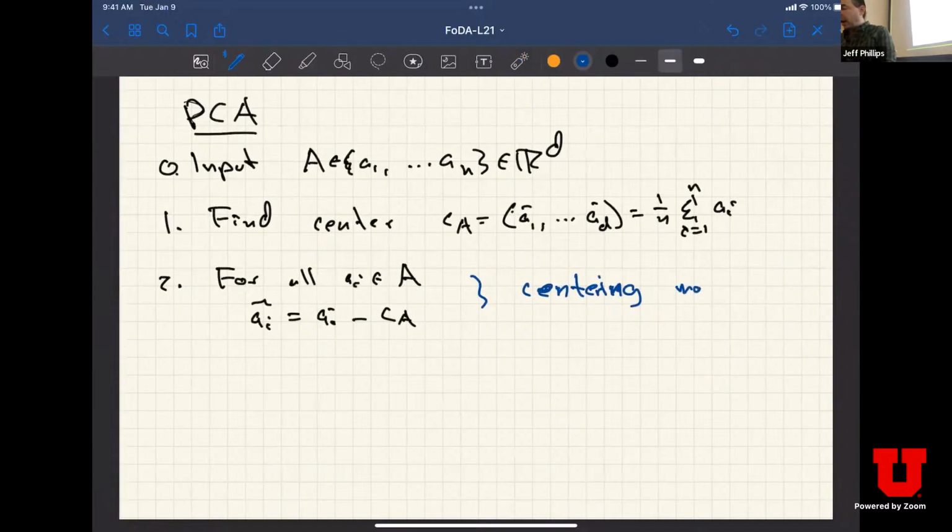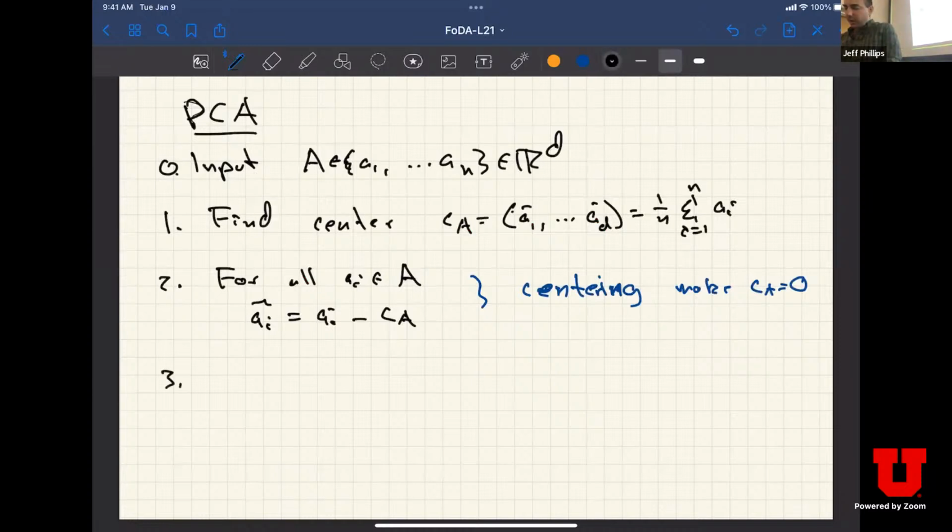I'm going to move C of A to the origin. So after I do this, if I were to recompute the average, it is going to be the all zeros vector. So now the center is at the origin.